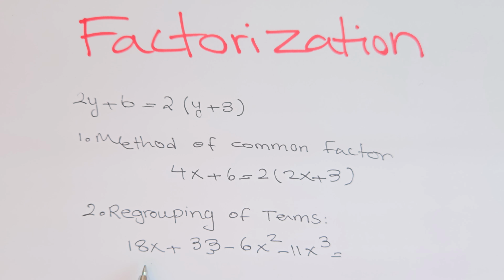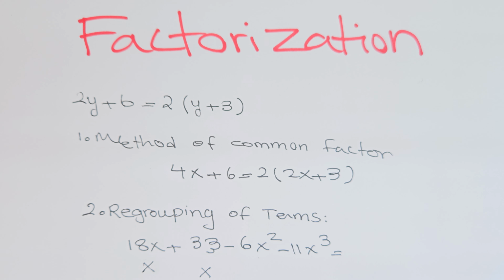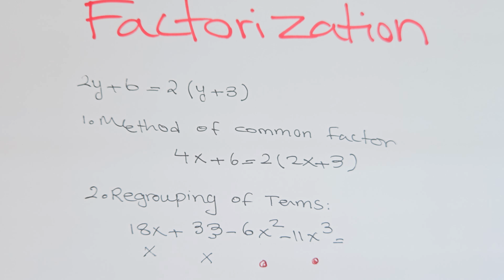Three of the terms have got x, but this one is a constant. What I can do is just regroup them. If I consider these two terms together, and these two terms together, and do common factor, let's see what happens.